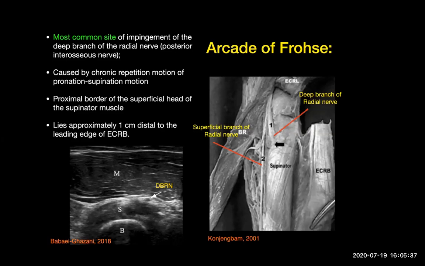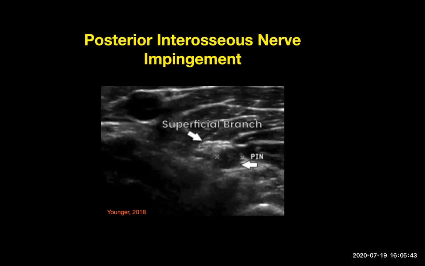You can move it back and forth to be able to see that branch. So here, you can see both the branch of the radial nerve and the hypoechoic swollen branch of the deep branch of the radial nerve that is actually compressed in this slide here.